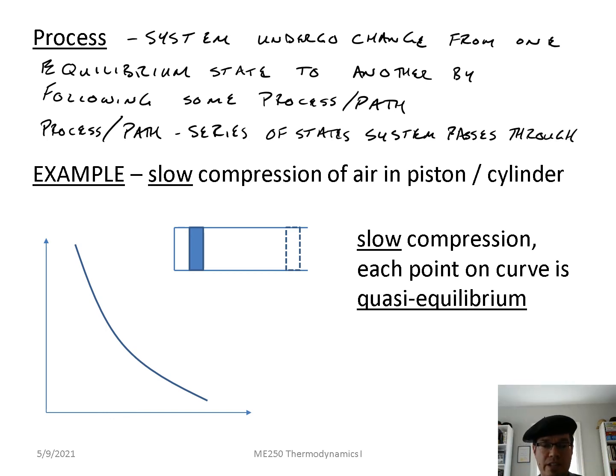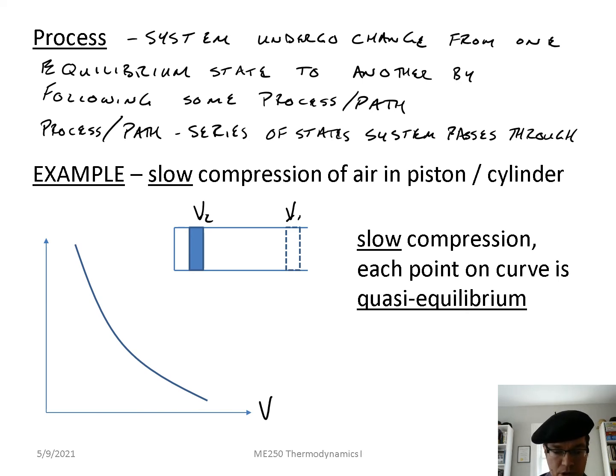So these states that the system passes through are usually considered to be quasi-equilibrium states. That means that at each state, the system is in equilibrium instantly at every instant in time. So let's look at this with an example. Let's consider a piston that we are moving from some V1 to some V2.